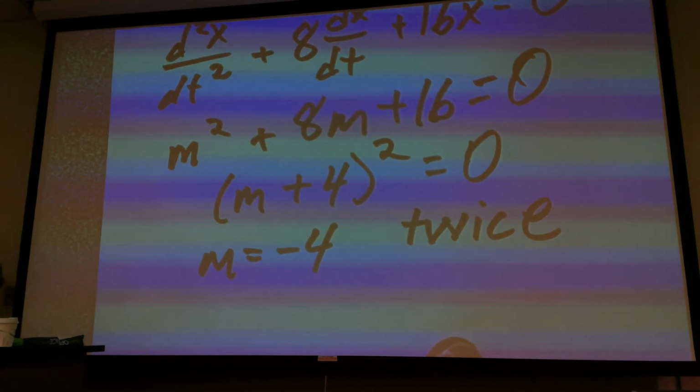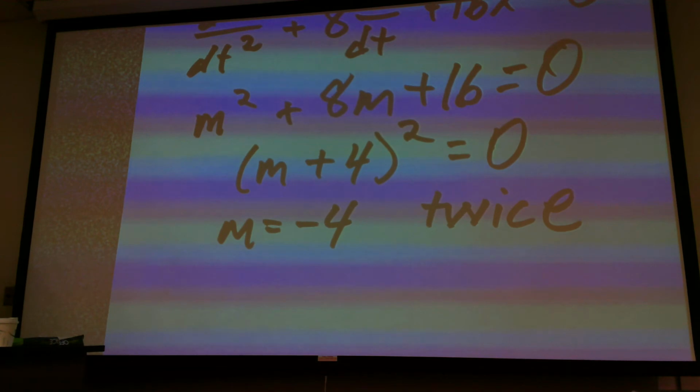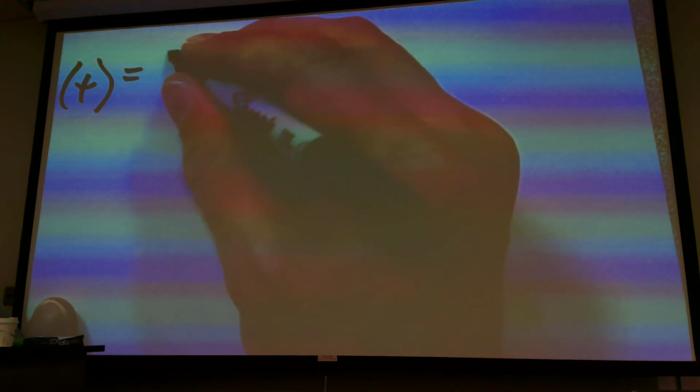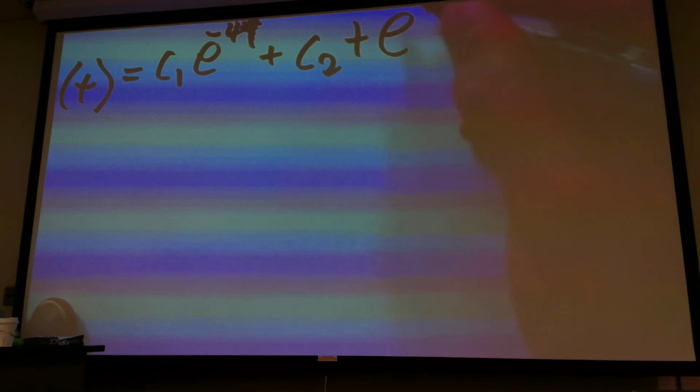So x of t is going to equal c1 e to the -4t plus c2 t e to the -4t.